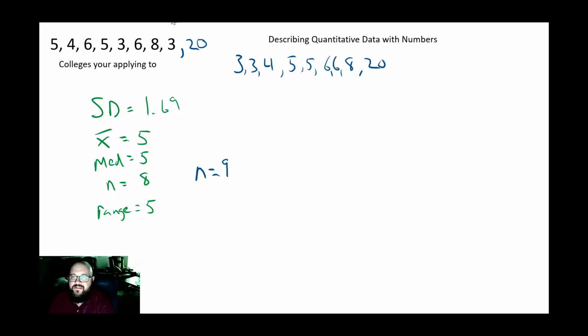Now we have 9 values, an odd number, so we can find the 5th value as our median. 1, 2, 3, 4, 5. So our median is still this 5 right there. The median didn't change.